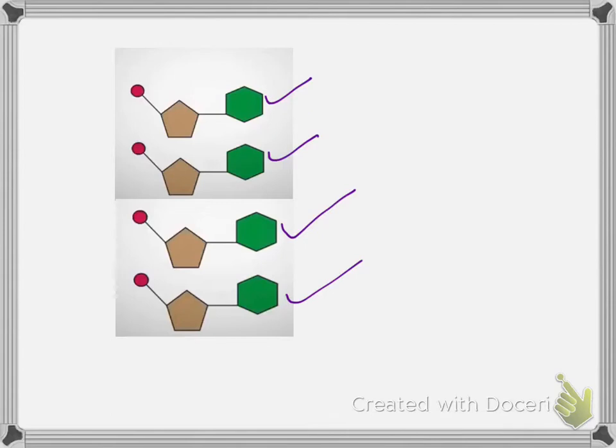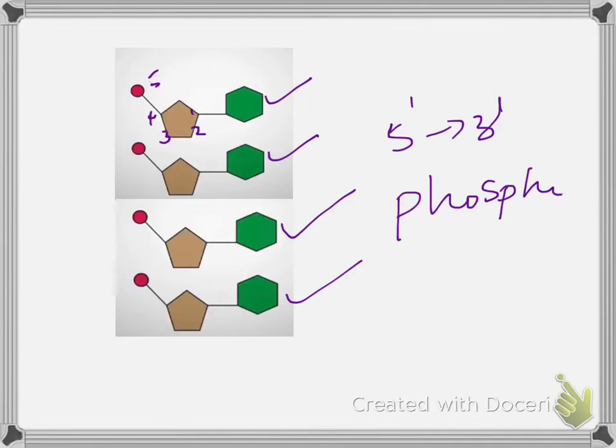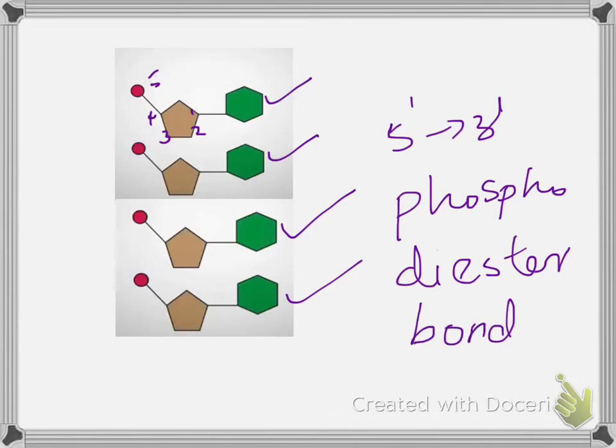We know that this is the first carbon, second, third, fourth and fifth, the fifth carbon being CH2OH. DNA is formed by 5' 3' phosphodiester bonds.